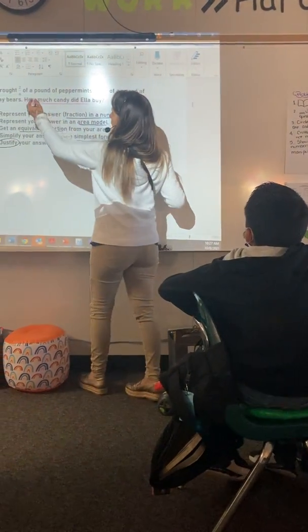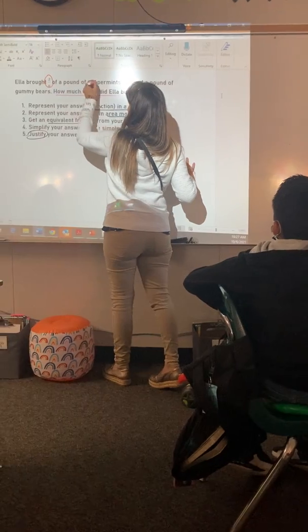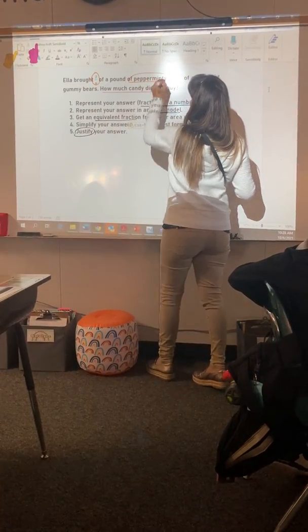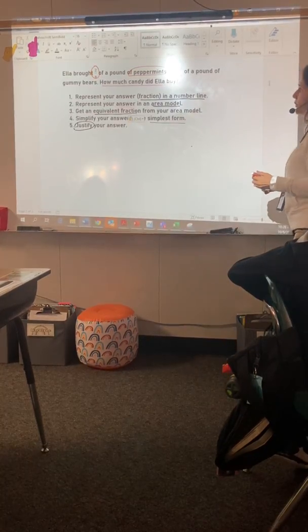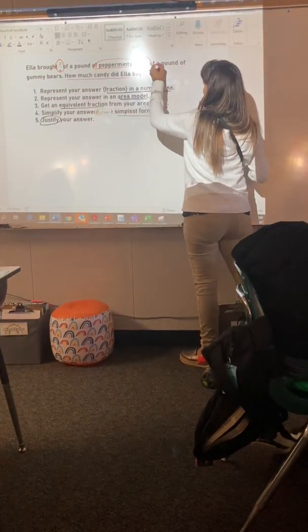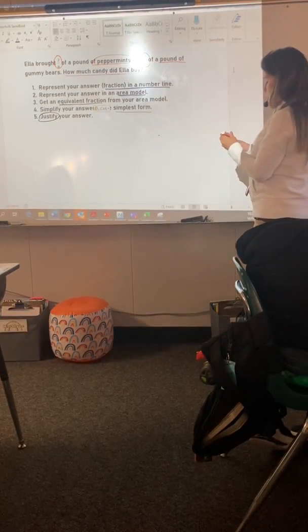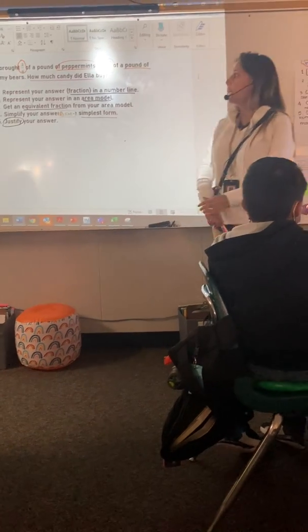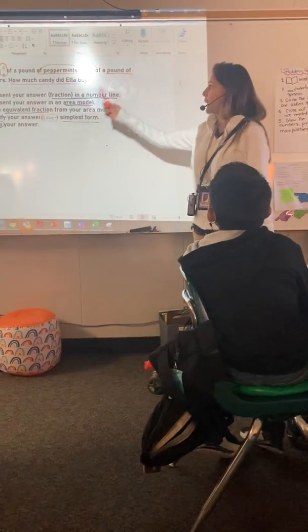How much did she buy of peppermint? 2/6 of a pound of peppermint, okay? And how much did she buy of gummy bears? 2/6. So she bought 2/6 of gummy bears. Okay, so what do we have to do in order for us to answer the question?